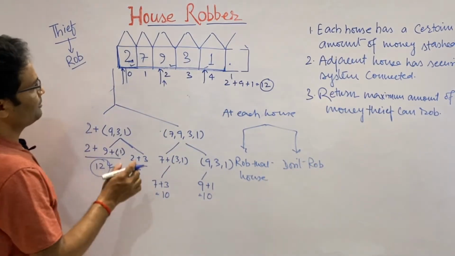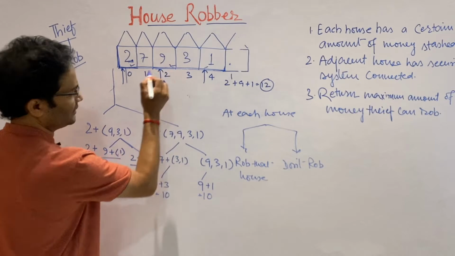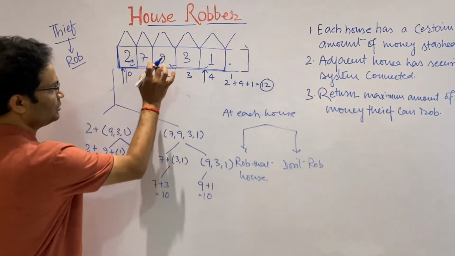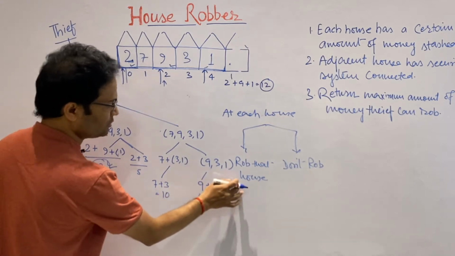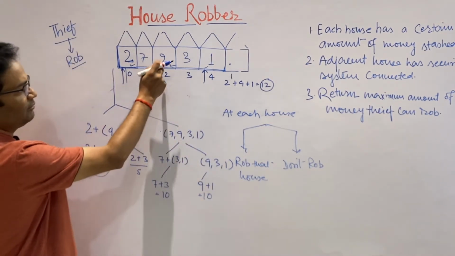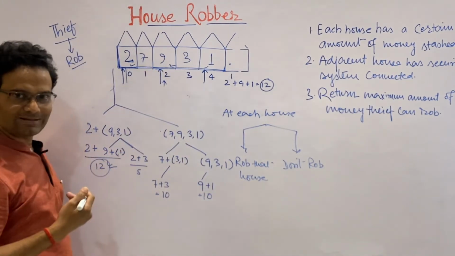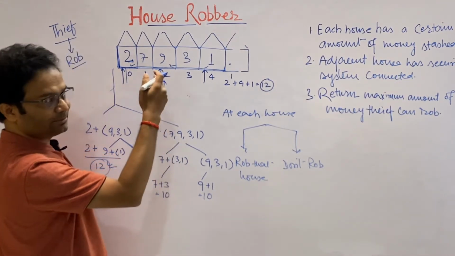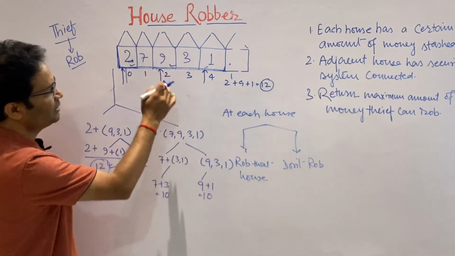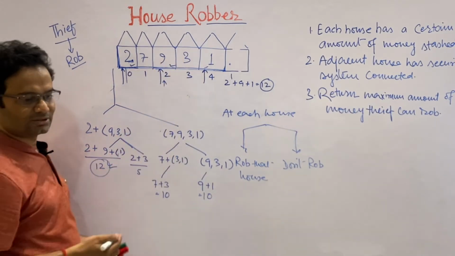So suppose they are at the position of the 9, whether they want to rob this house or they don't want to rob the house. They will check, if I rob the house, am I getting the maximum benefit or not? If he is not getting the maximum benefit and he is getting the maximum benefit after the 9, he will not rob this house, he will go to the next house.